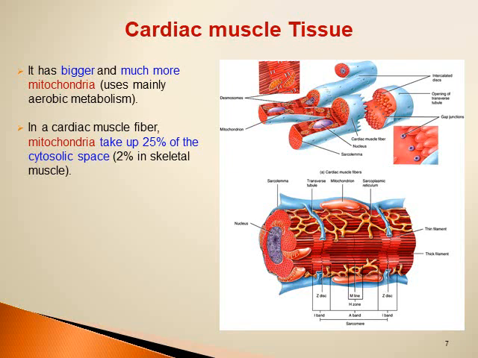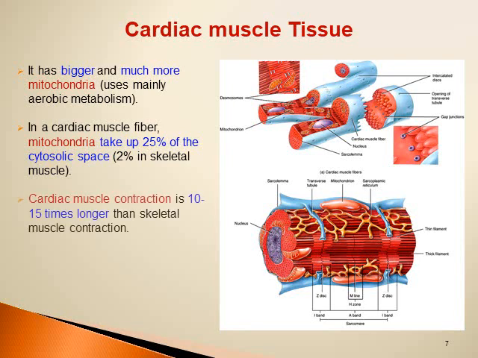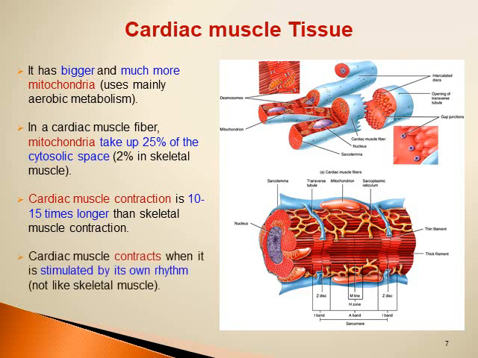It is only 2% in skeletal muscles. Cardiac muscle contraction is about 10 to 15 times longer than skeletal muscle contraction duration. And you will study skeletal muscle contraction, as I said, later on in a separate lecture during this course.